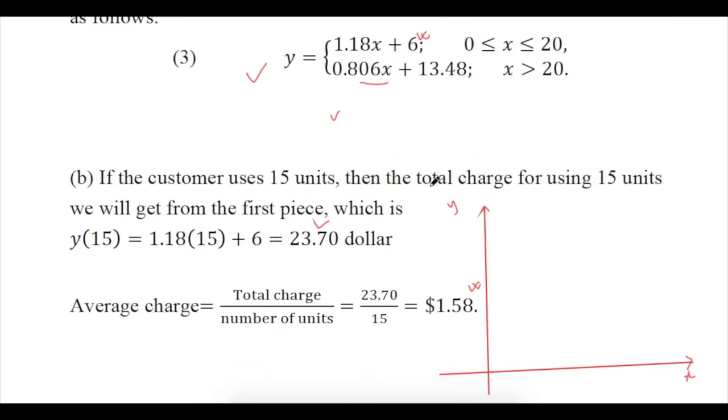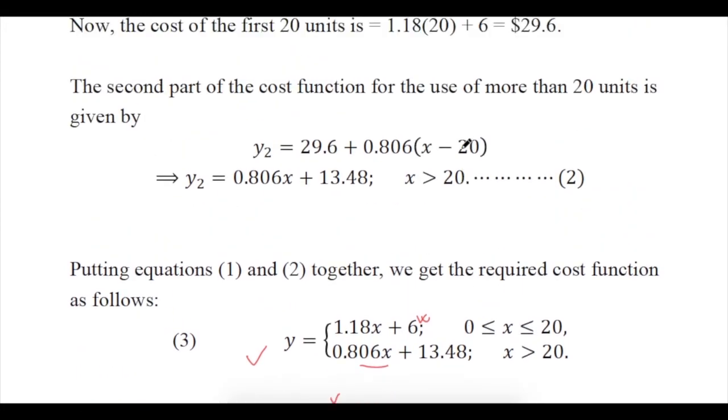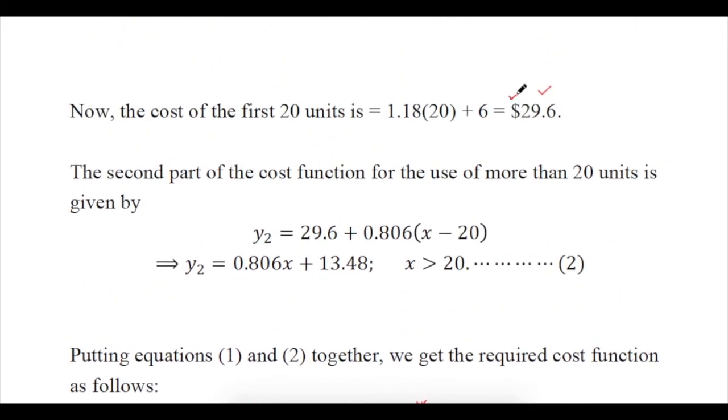So now let us sketch the cost function. The first line will initiate from 0 and end at 20. So when x equal to 0, y equal 6. So let's say 6 is this point. And when x equal to 20, y equal what? y equal 29.6.